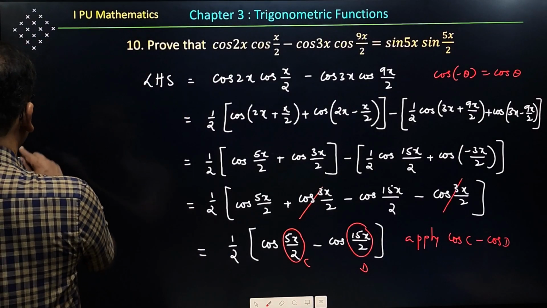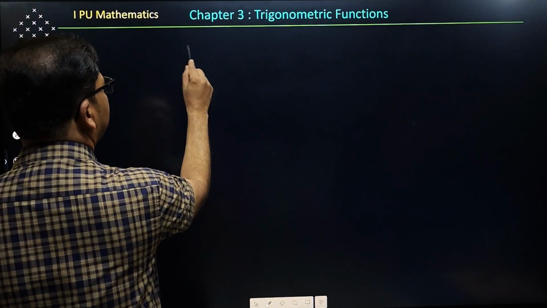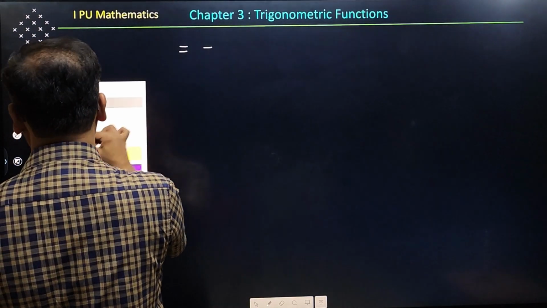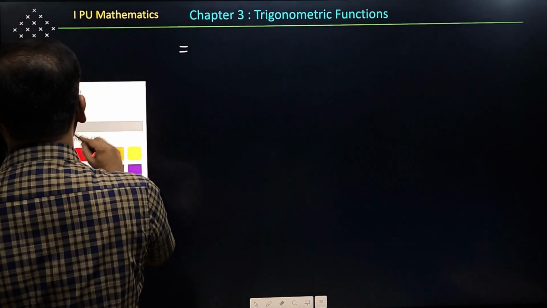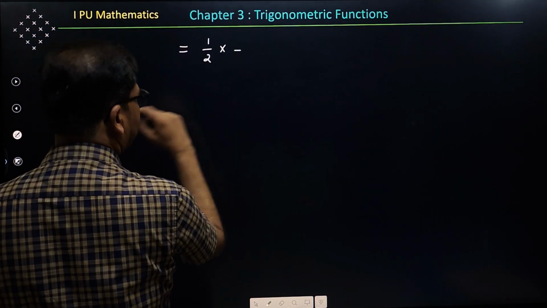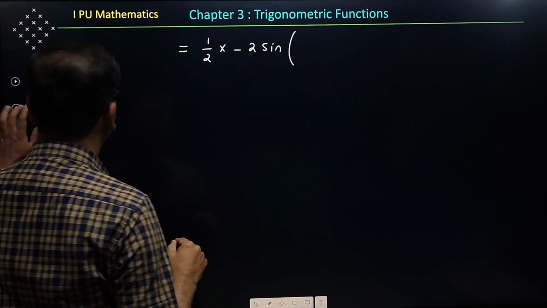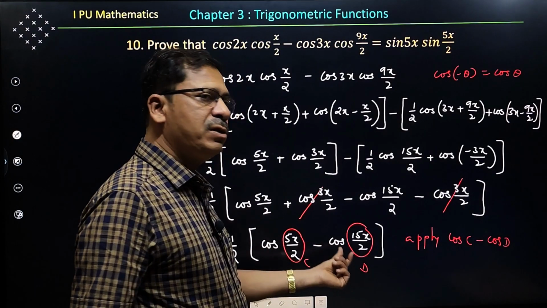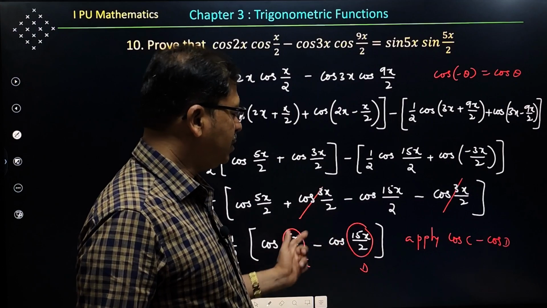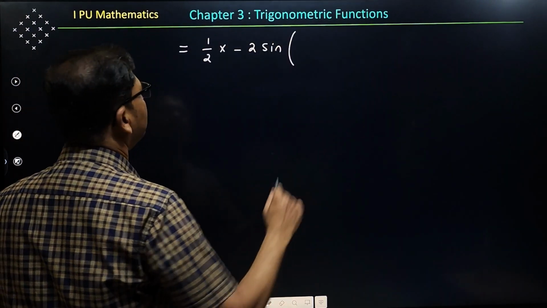Now let me apply that result here. 1 by 2 is there outside. This is equal to 1 by 2 into minus 2 into sine of C plus D divided by 2, where C plus D is 5x by 2 plus 15x by 2, that is C, this is D, to be divided by 2 again.